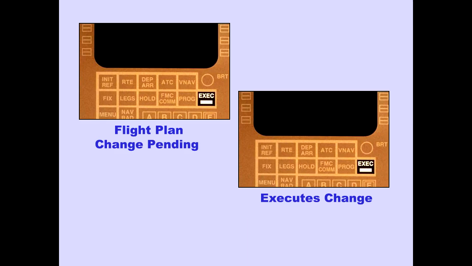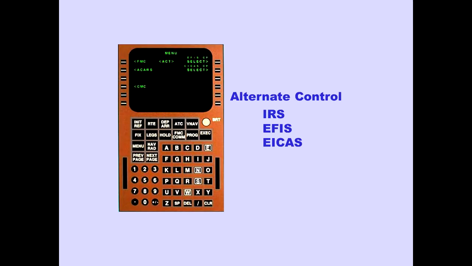The execute key illuminates when a flight plan change is pending. Pushing the execute key executes the change. The FMS CDU has several other uses. They include alternate control of the IRS and EFIS ICAS displays. These functions are covered in standby navigation.